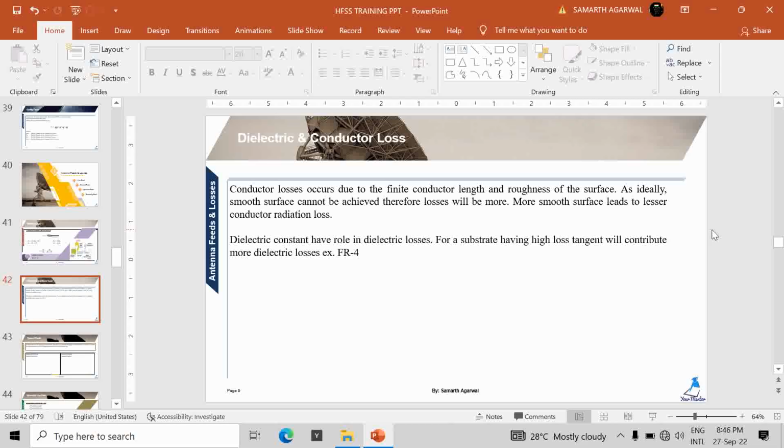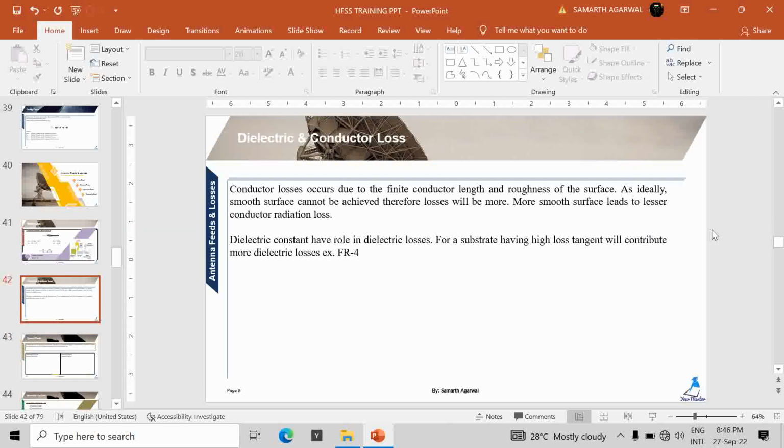So much of a difference is there, so that kind of dielectric loss will be there. The higher the value of the dielectric constant, the more lossy it will be, and please check the loss tangent even.